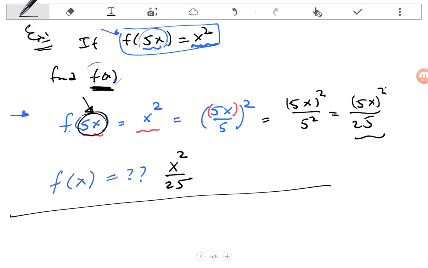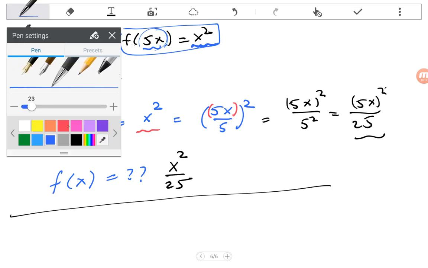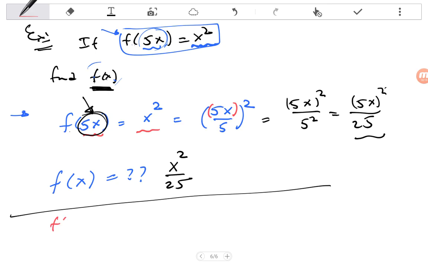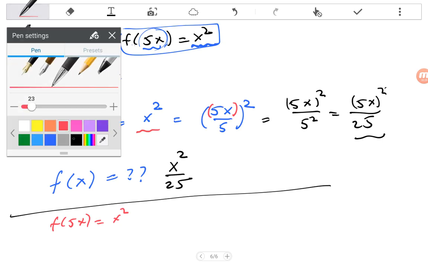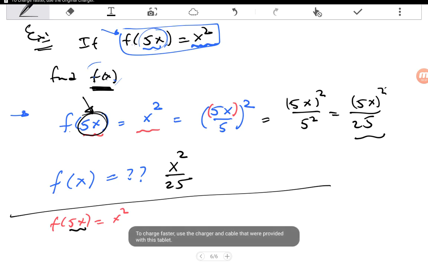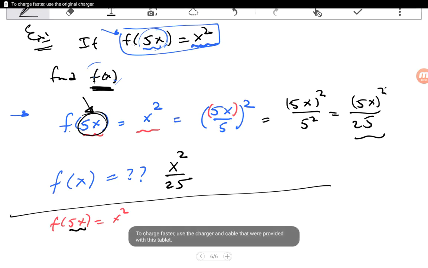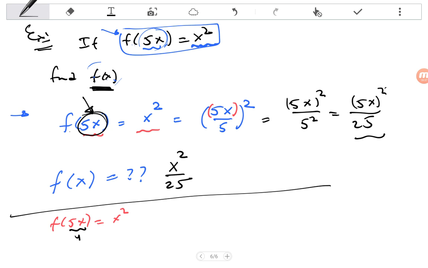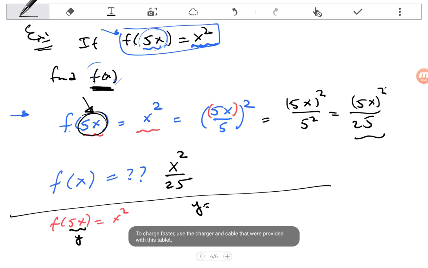Another way is, if I told you that f of 5x is equal to x squared, I need to determine how f operates on the input. So let's name that input. What if I name 5x to be, for example, y? This is called a substitution.